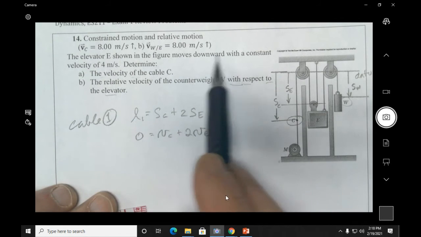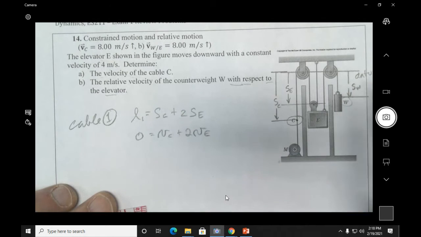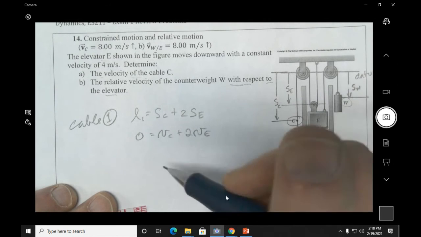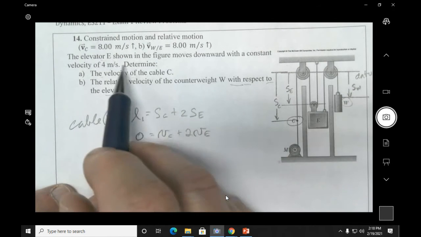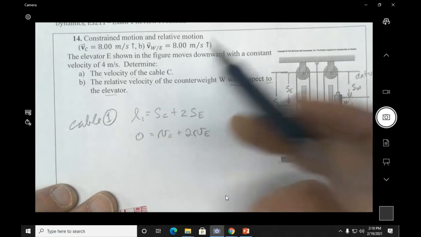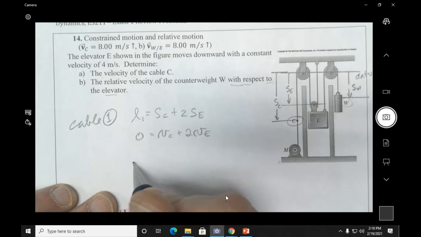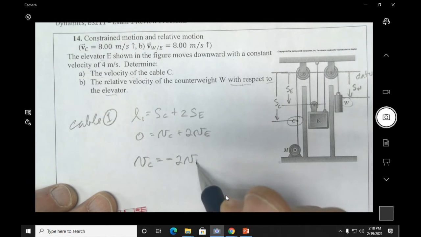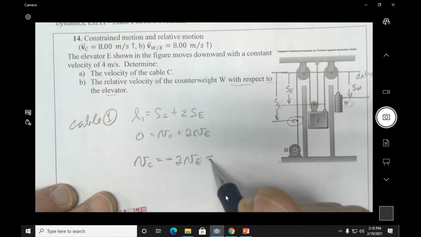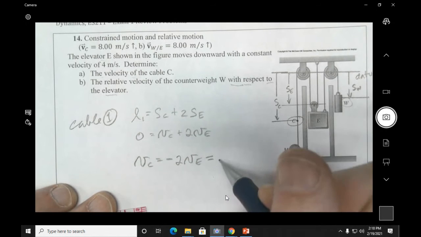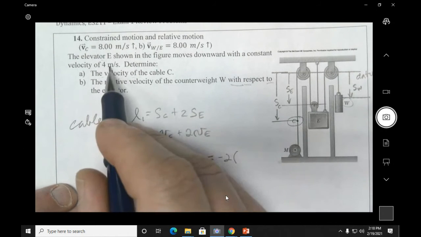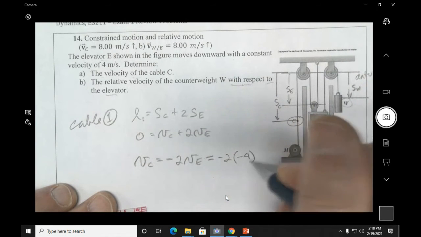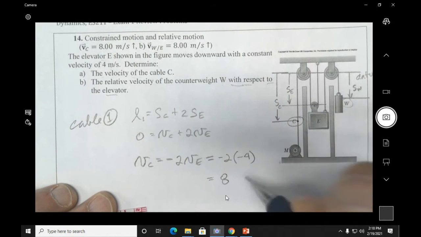We were told the velocity of E, and let's say down is going to be negative right here. By the way, we can write that the velocity of C is going to be negative 2 times the velocity of E. We're told the velocity is 4 downwards, and we end up finding that it's 8.